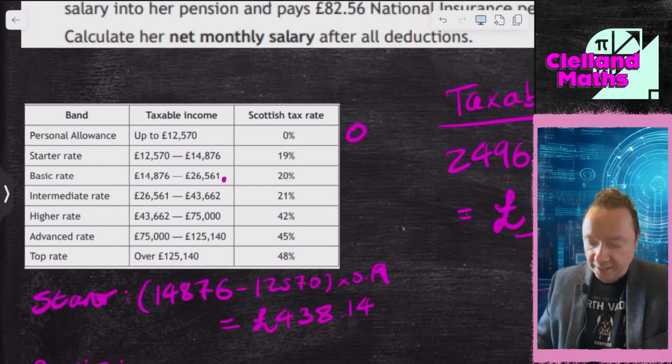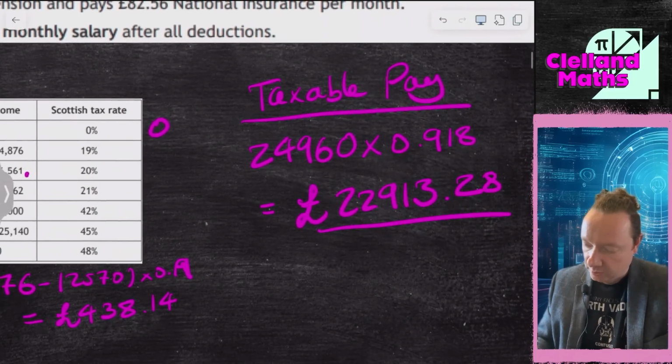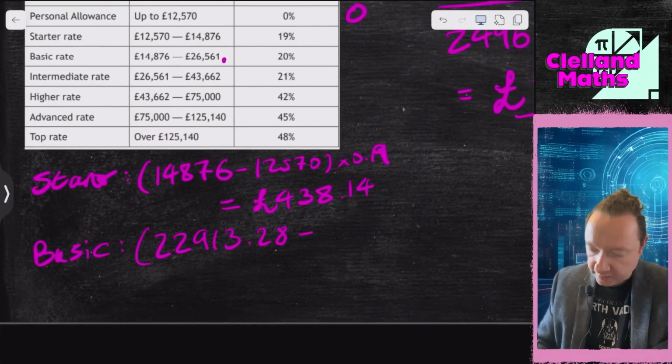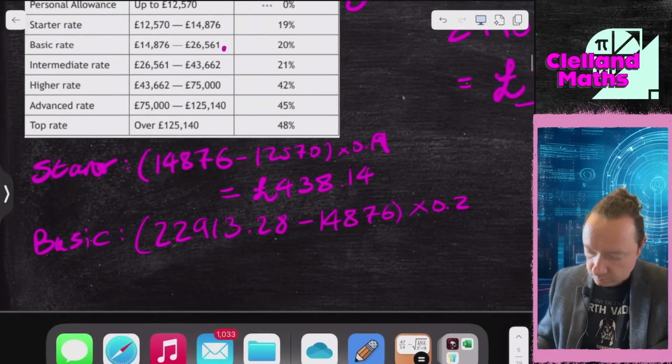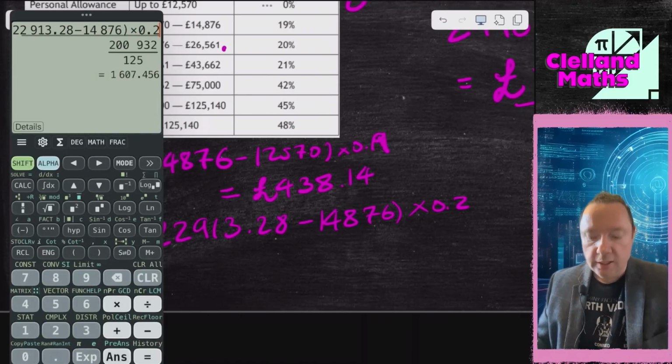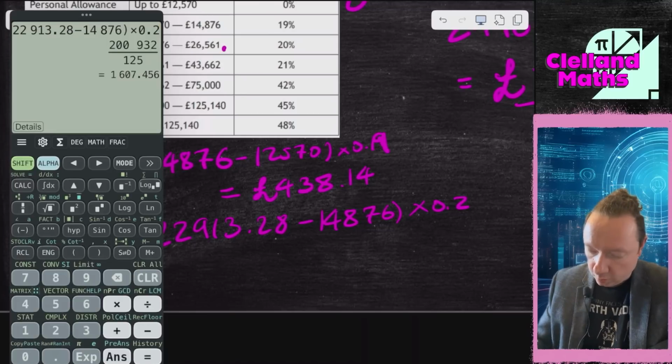So I use their wage, 22,913.28, minus 14,876 times 0.2. To get 1607.46. Rounding up.